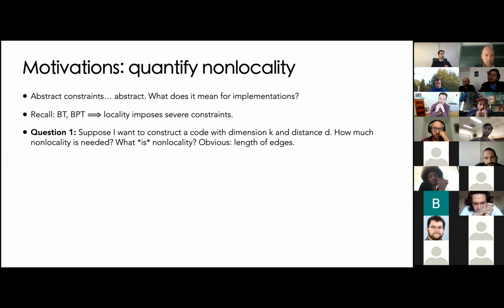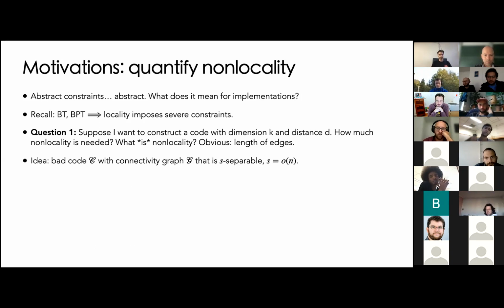One obvious thing that you could do is quantify non-locality by the length of my edges, but is that all there is to it? To provide a little bit of intuition, consider the following example. Suppose I had a poorly connected code.